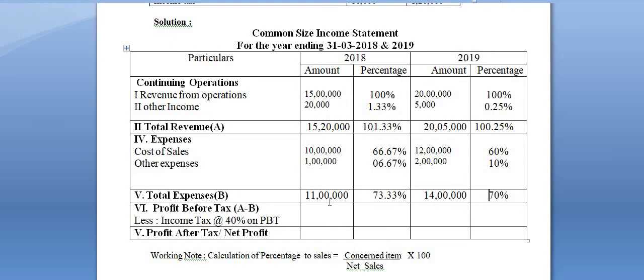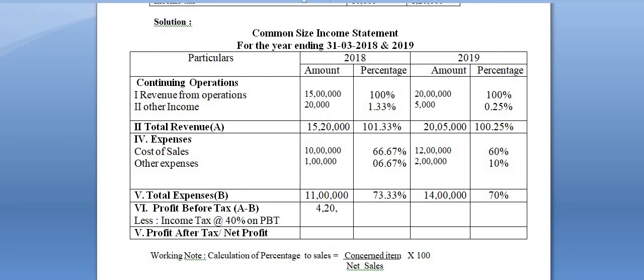With the help of these two, we can calculate what? Profit before tax. Profit before tax is nothing but A minus B. A is 15 lakh 20,000. B is 11 lakh. So the amount of profit before tax is 4 lakh 20,000.